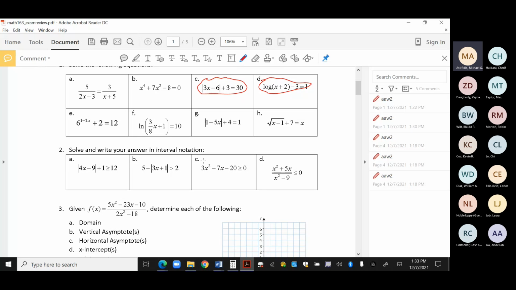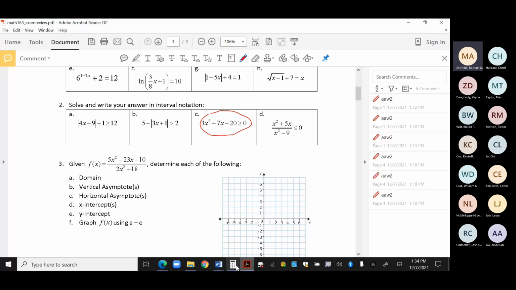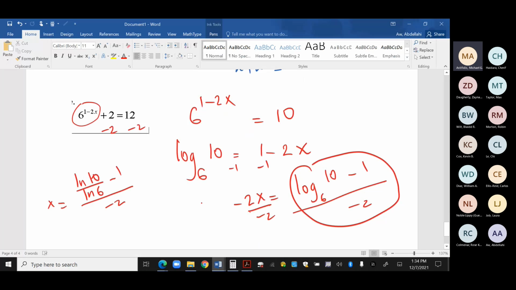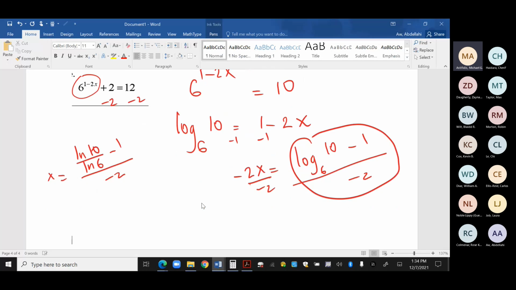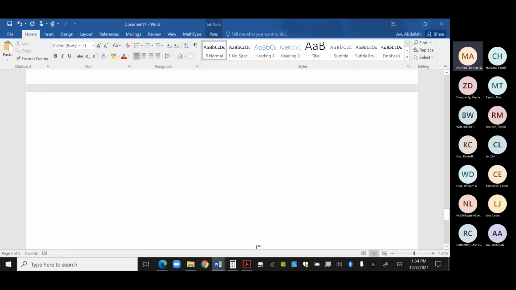So this one right here, how to solve a quadratic inequality. Not everybody did that in this class, for test number 3. Not everybody did that, okay?